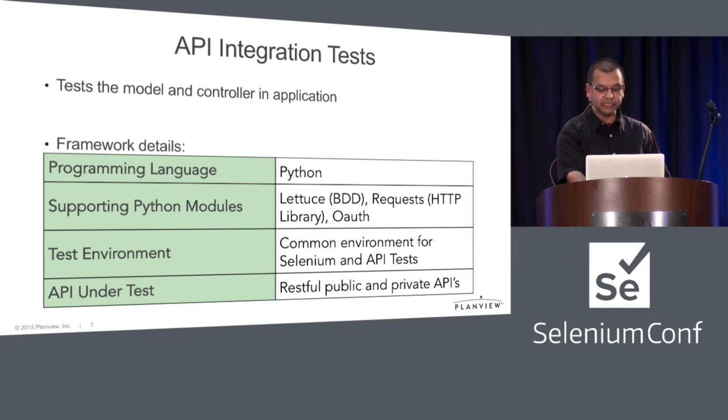Lettuce is the Python module which adds the BDD layer to the tests, and Requests is the HTTP library which the framework uses for making the API requests.